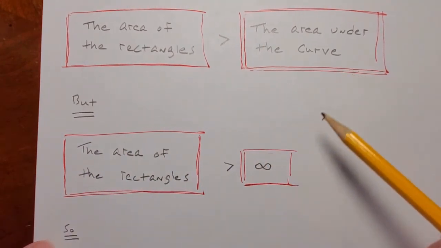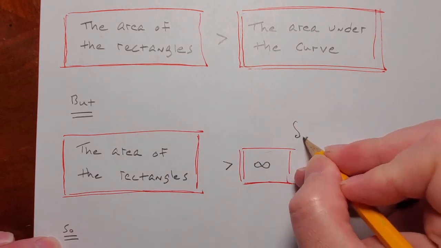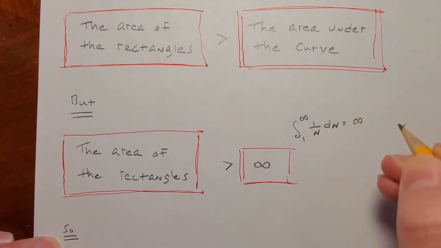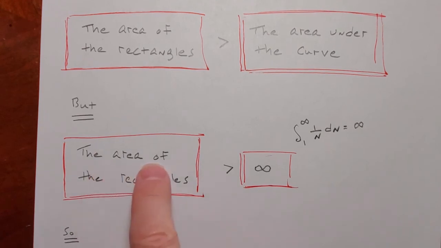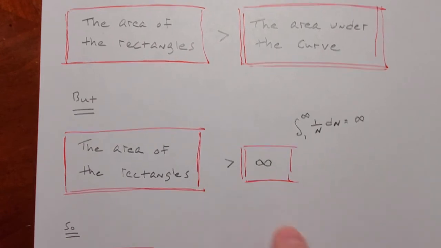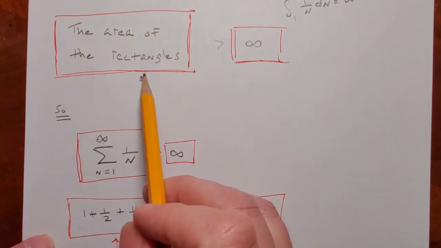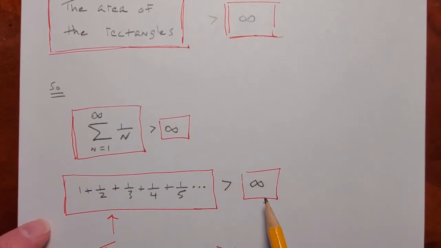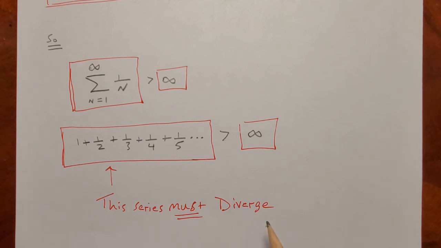But we found the area under the curve was infinity. The integral from 1 to infinity, 1 over n dn, was infinity. It had infinite area. So what does that mean? It means that the total cumulative area of the rectangles was more than infinity. That's a problem. You can't be more than infinity. Remember what those rectangles represent? It's like saying this series, 1 plus a half plus a third plus a fourth, etc., is more than infinity. Well, that would just mean it diverged.